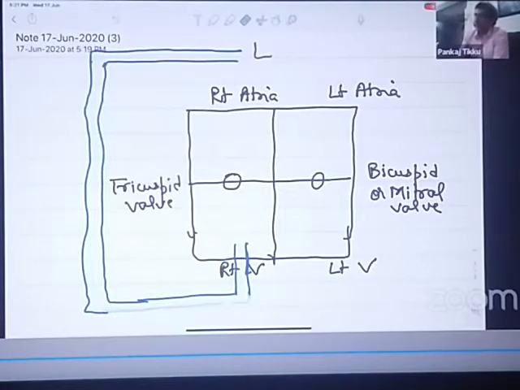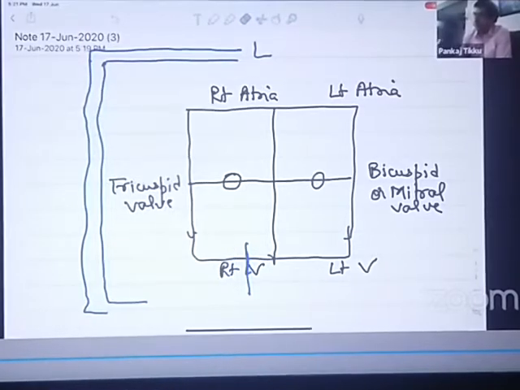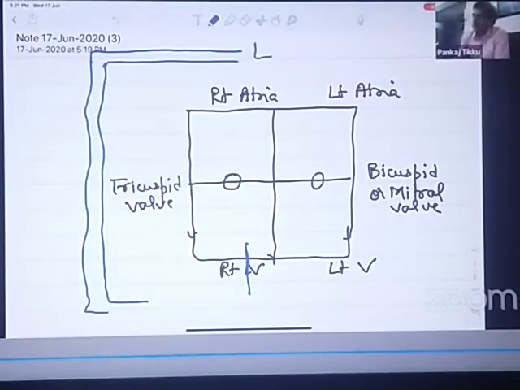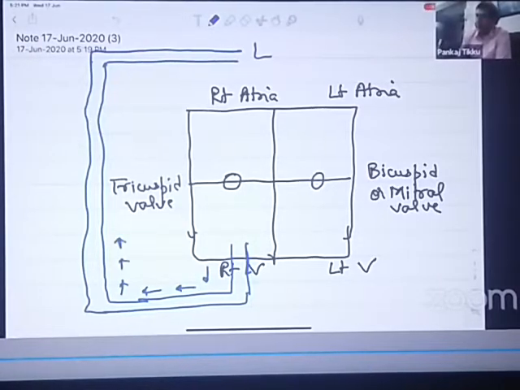So the blood is entering into the lungs. This is the blood which is going from the right ventricle. It is going up into the lungs for oxygenation.